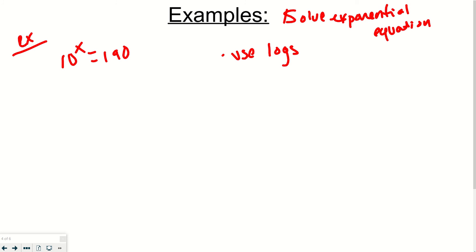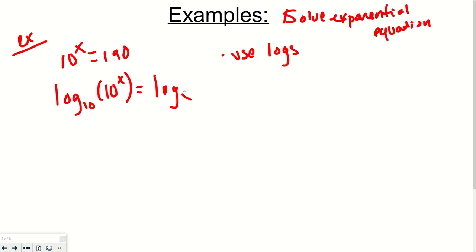Okay, so now we're going to take the log base 10, and we're going to put that in parentheses. So now we have log base 10 of 10^x. If I'm going to take the log base 10 of the left side, I'm also going to have to do it to the right side.